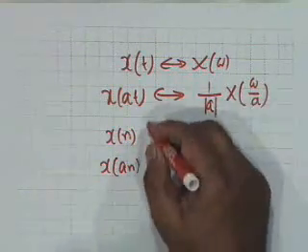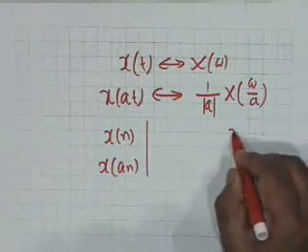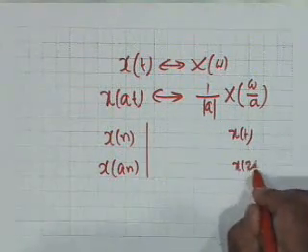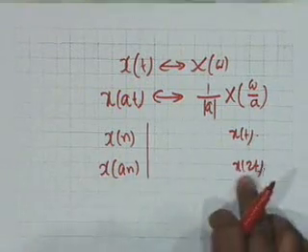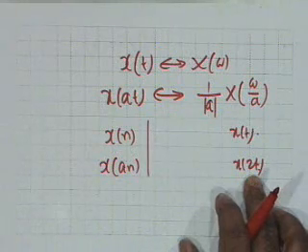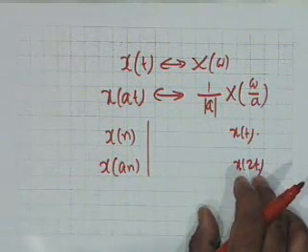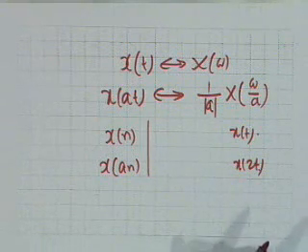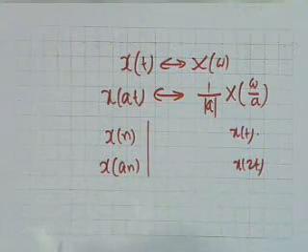For example, if a is 2, let us say x of t and x of 2t, what does this mean? What is the difference between these two signals? X of 2t is a compressed signal. What does it mean? Is it slowed down in terms of tape recorder speed? Speeded up.